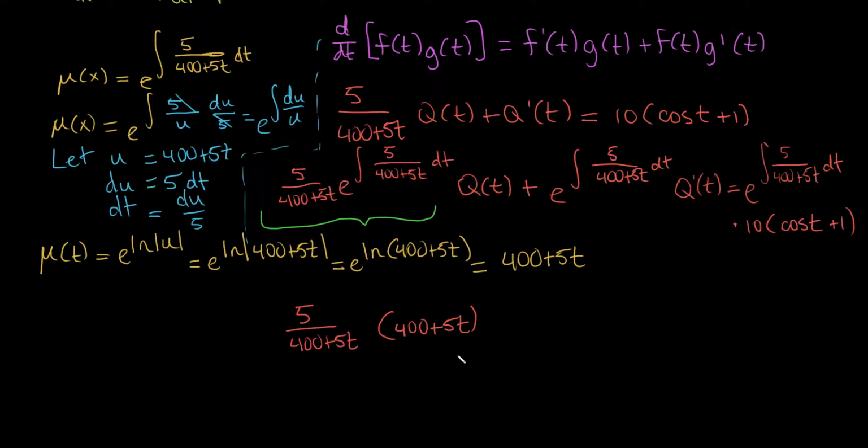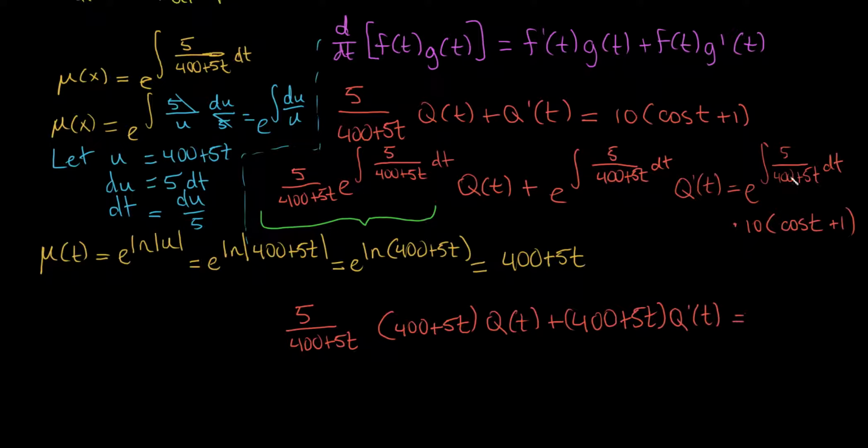So 400 plus 5t. Now, if we multiply this by q of t and go over to here, we see we have the same thing, so plus 400 plus 5t times q prime of t.